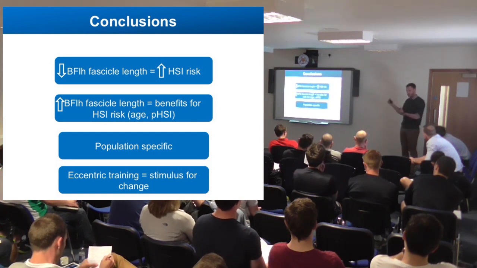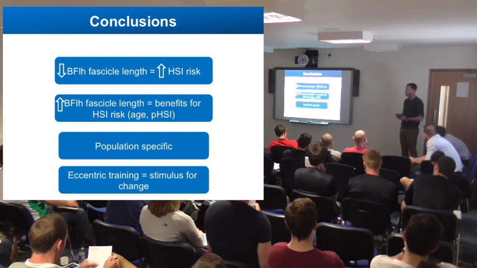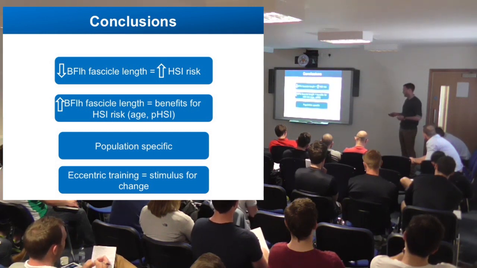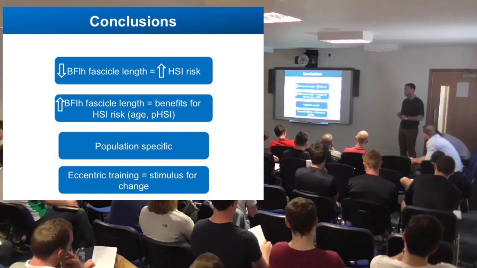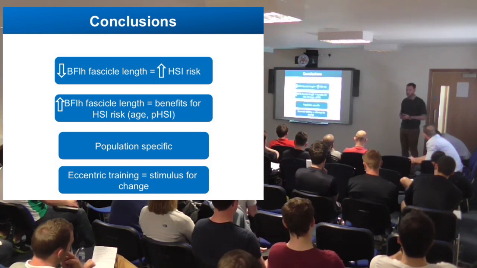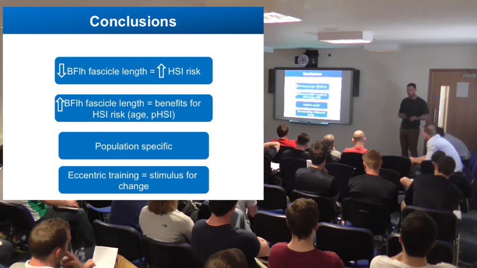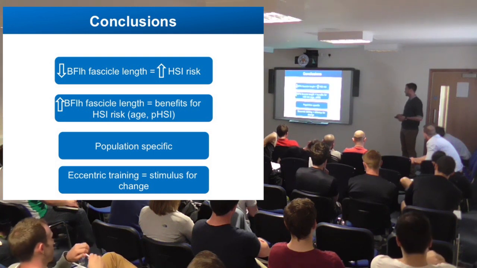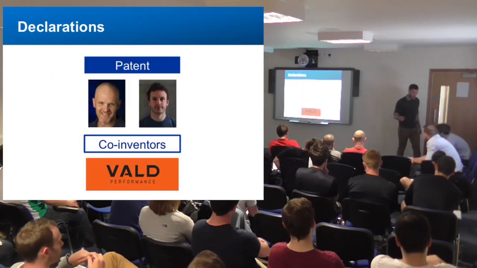My data is more self-reported in Australia, comparative to some guys over here, so obviously the standard of sport is different. If we can do some eccentric training, we can have that stimulus for increasing muscle fascicle length, which is quite supportive as well. Once you take that stimulus away, it becomes quite important to really consider that. Dave will cover the rest.